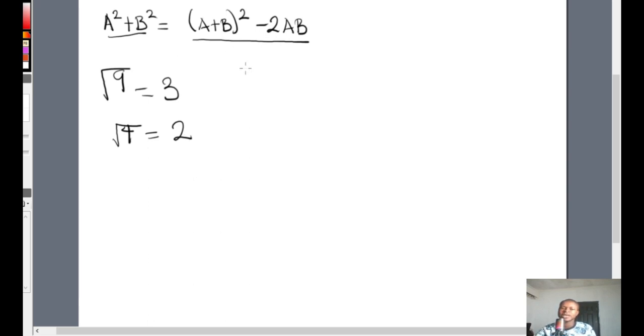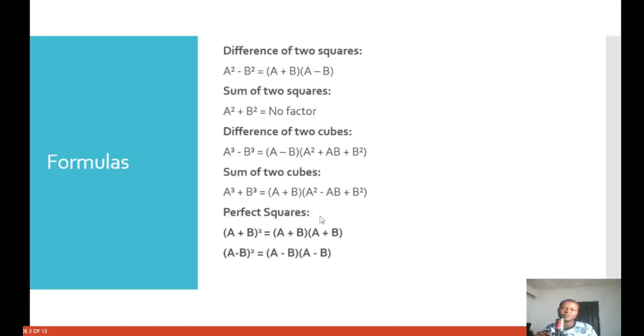So here, if I have a plus b all squared, once I square root this whole expression, the square root cancels the square, and I have a plus b as the expression implies. So we have this back. This means that a plus b all squared and a minus b all squared are perfect squares.